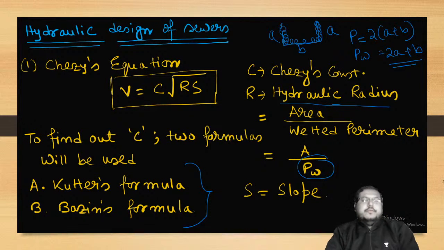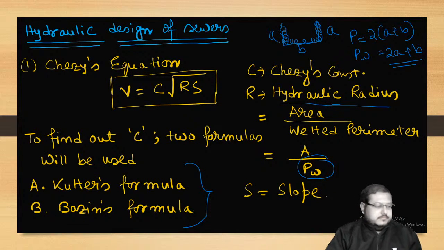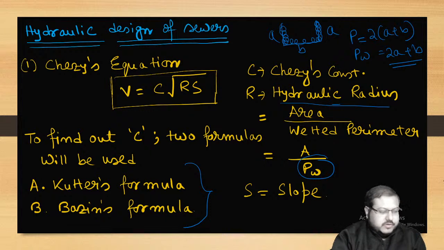The first formula used is Chezy's equation, where V equals C under root RS, where C is Chezy's constant and R is the hydraulic radius.